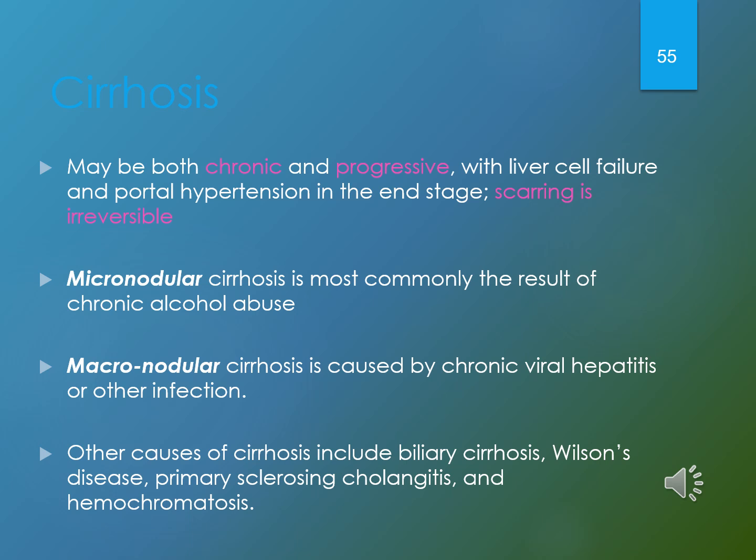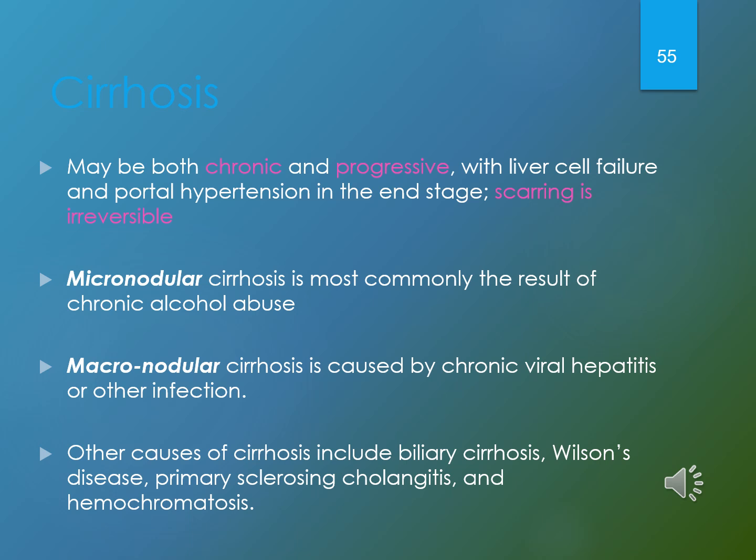It's trying to return back to healthy, like in that prior picture on that prior slide. But it's stuck in these fibrotic nodules. Okay, so it's not going to just fix itself. Cirrhosis may be both chronic and progressive, with liver cell failure and portal hypertension in the end stage. The scarring is irreversible.